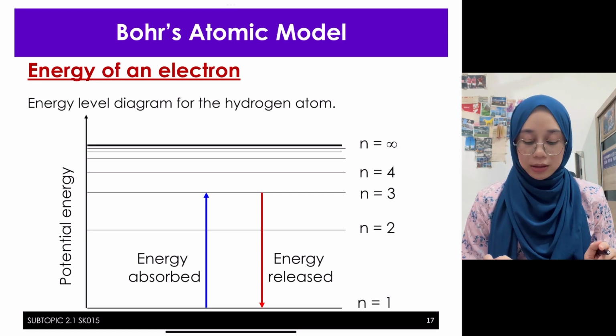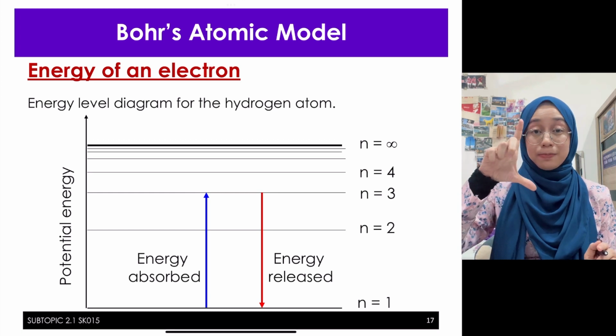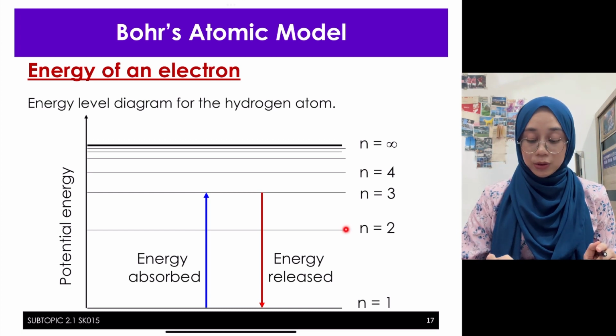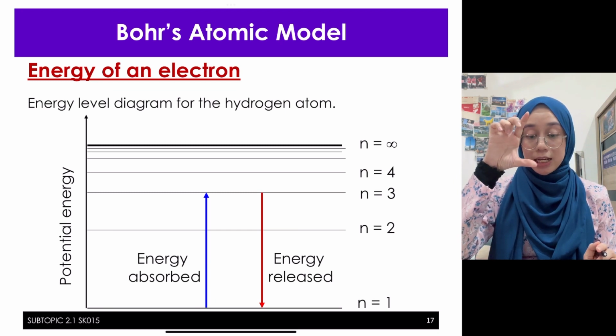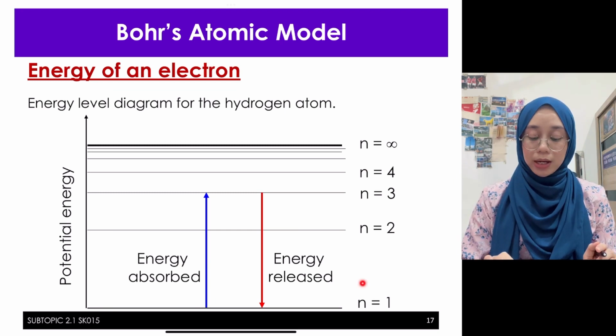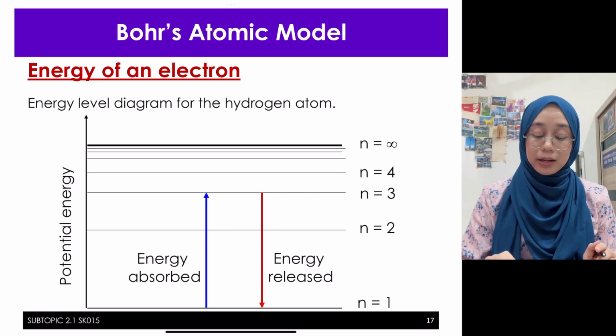Kalau n equals to 1 dengan n equals to 2, dia punya jarak besar. Lepas tu bila n equals to 2 pergi kepada n equals to 3, jarak dia dah semakin kecil. Dia macam half of between yang n1 dengan n2 ni. And then antara n3 kepada n4 pula lagi kecil daripada the previous one.